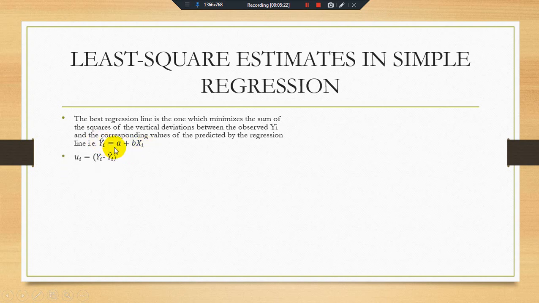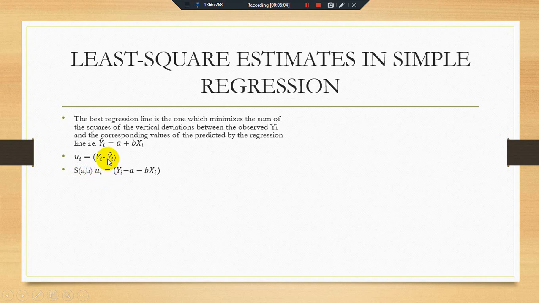Okay, so what is our error term? Error term ui is equal to yi minus y hat. This is our estimated y, and here yi is our actual or true y. So when you subtract actual minus estimated, you get ui, the error term. We are going to find such a combination of parameters a and b.